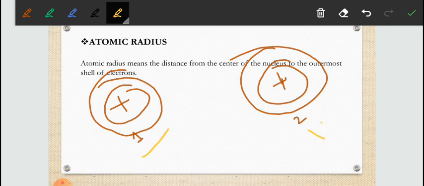So this nucleus will hold the electrons more tightly because it has more nuclear charge. But in the second model, this nucleus has less charge, so it will not hold the electrons so tightly. That means the electrons will be loosely bound and allowed to escape from the atom, so their size will be more.